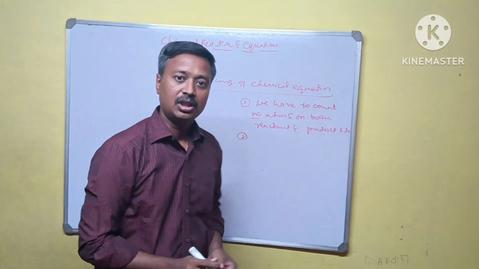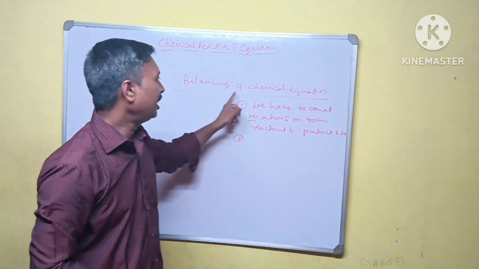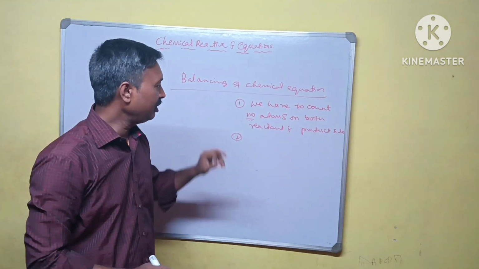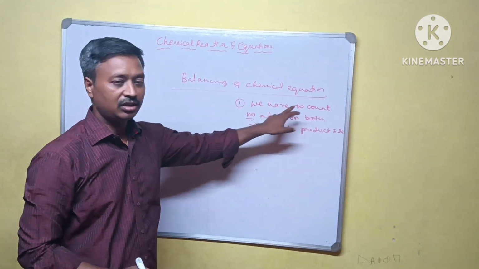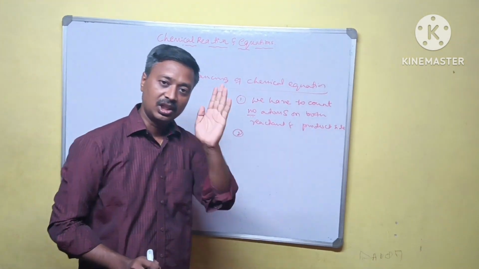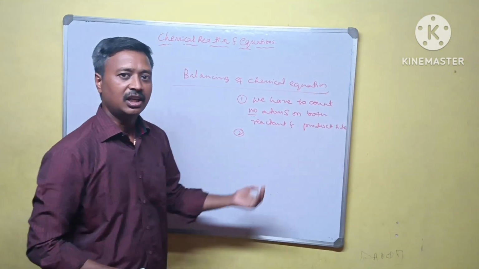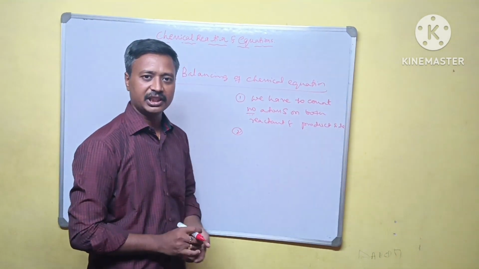First rule, while balancing a chemical equation, we must count the atoms present in both LHS and RHS, that is reactant side as well as product side.